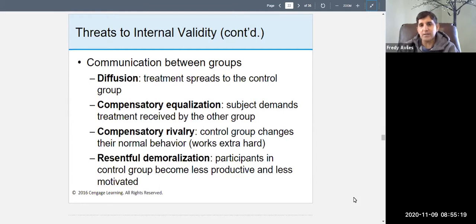There's also the opposite, resentful demoralization, where participants in the control group become less productive and less motivated. So let's say the treatment group is getting a drug that helps them lose weight, and the control group is not getting the drug. And they learn that they're not losing weight, they're not getting any better, and because of that, they feel demoralized.